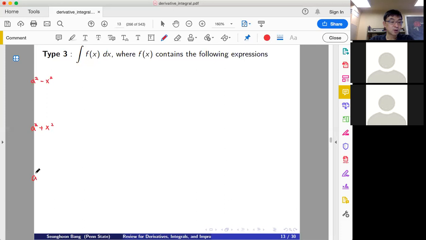The third one is x square minus a square form. We have these expressions. So how can you solve this problem? You have to use substitution rules.